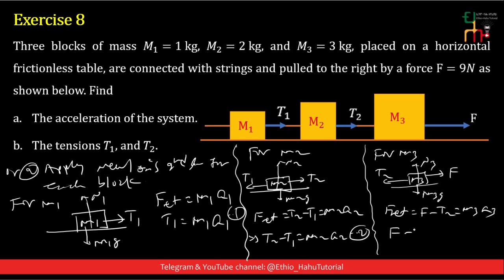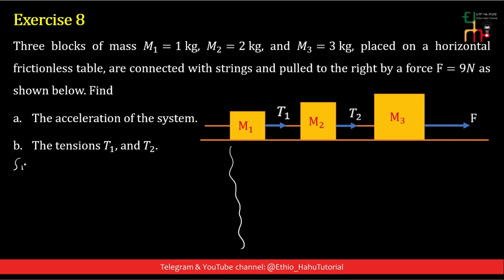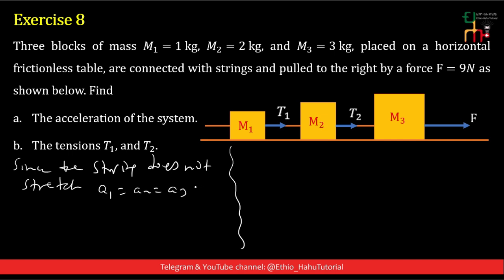Therefore, F minus T2 is equal to M3 times A3. Since the string does not stretch, the accelerations a1, a2, and a3 are the same. a1 is equal to a2, equal to a3, equal to simply a.